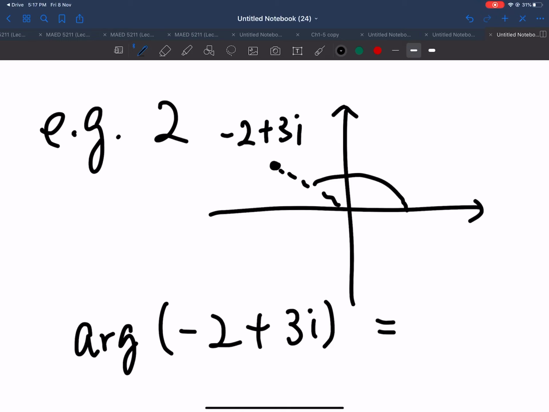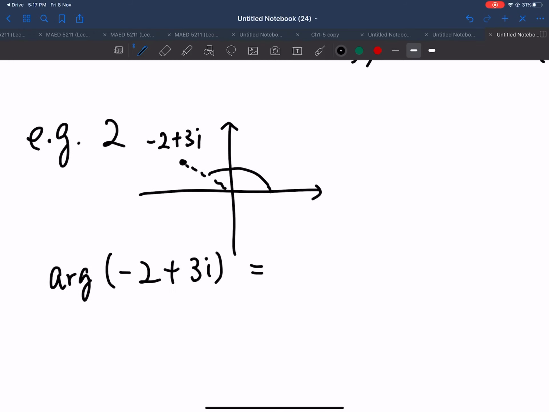Wait for me, I'll just do the angle. So if you consider it's a right angle, just say here is theta, okay?